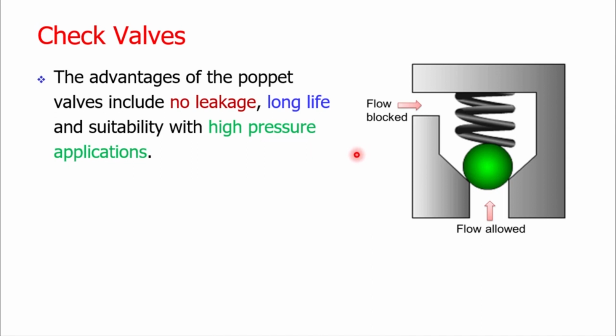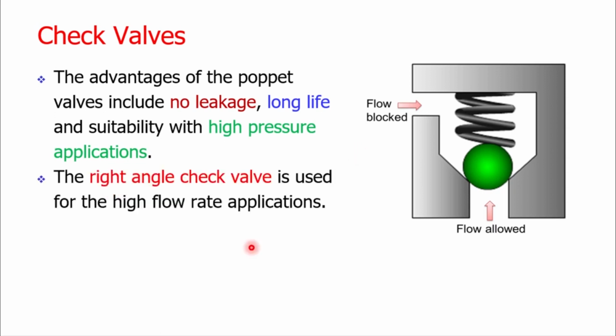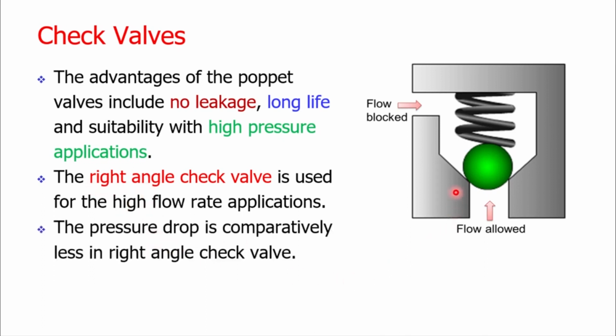They can work for medium to low flow applications. The inline check valves are not suitable for high flow rate applications, whereas the right angle check valves are used for high flow rate applications because the pressure drop along the right angle travel of the fluid is comparatively less than the inline flow of the fluid.